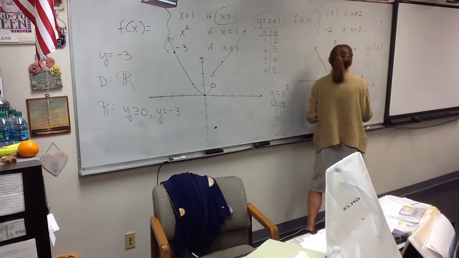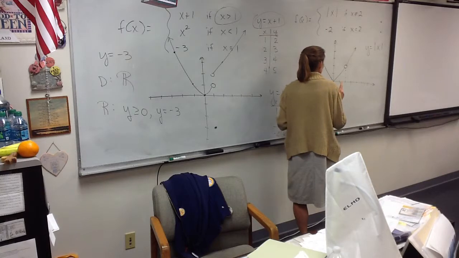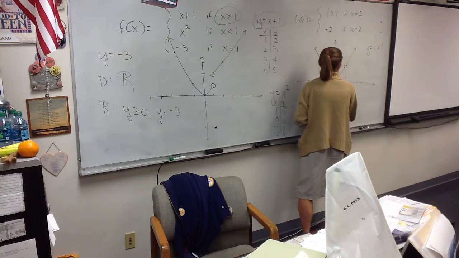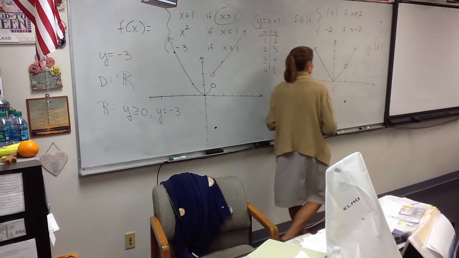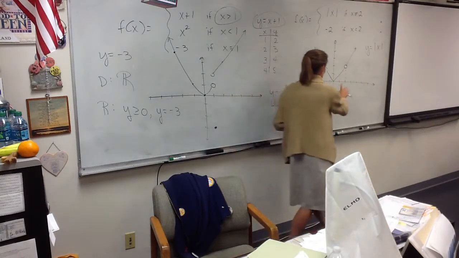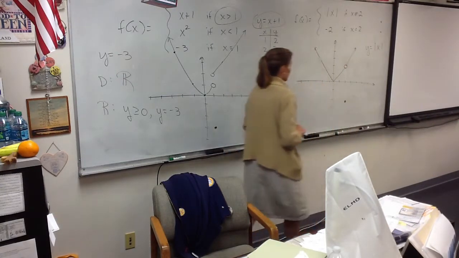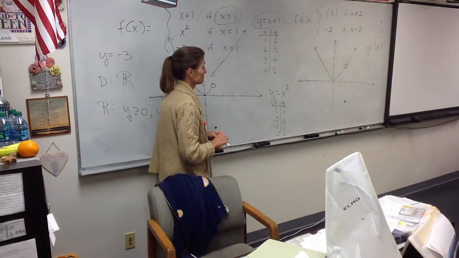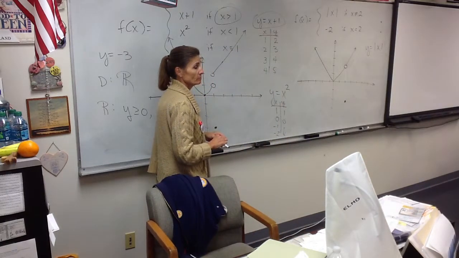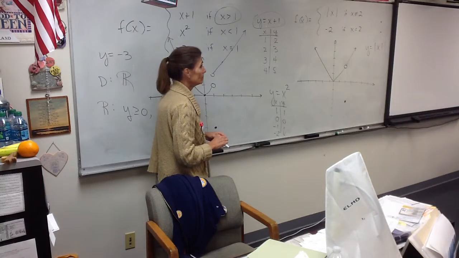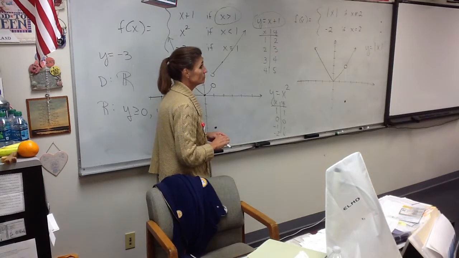Watch it. It says y equals -2 if x equals 2. So what ordered pair is that? 2, -2. That was easy. What's the domain? It's all reals.